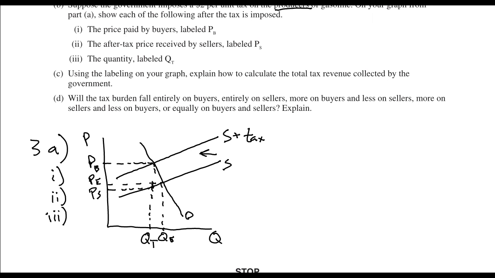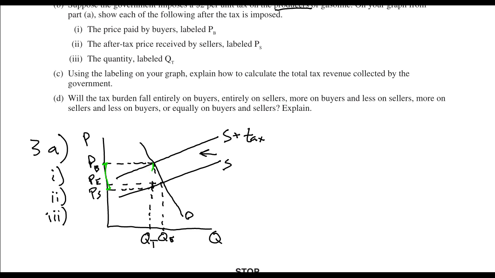Alright, using the labeling on my graph, explain how to calculate the total tax revenue collected by the government. I am going to shade that area, then I'm going to delete it, but the difference between the price the buyers pay and the price the sellers receive, that's the amount of the tax, right?